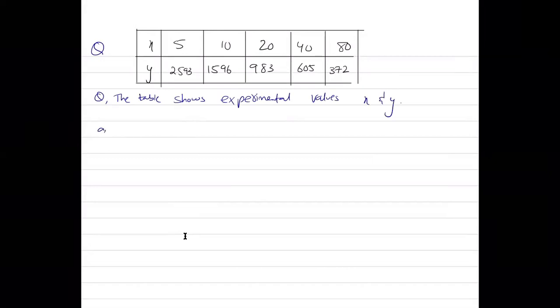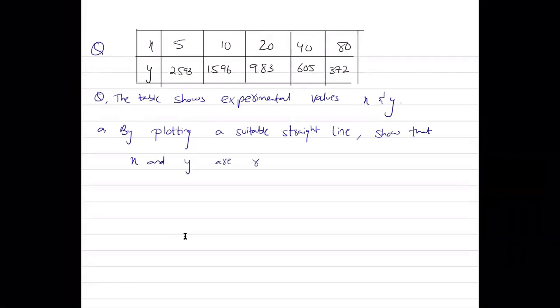Part A, by plotting a suitable straight line, show that x and y are related by the equation y equals k times x to the power of n, where k and n are constants.